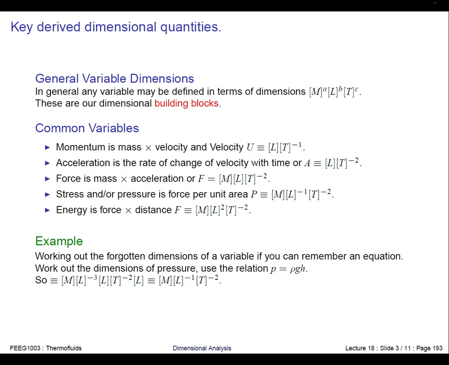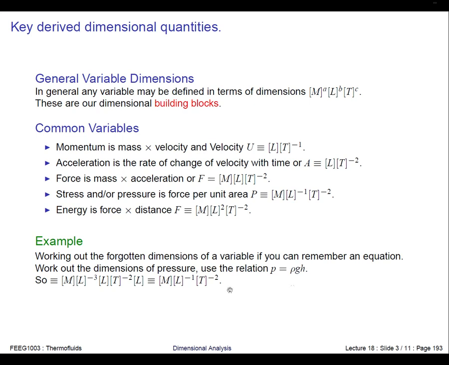So for instance, let's say we know that the gauge pressure is equal to rho gh. And let's say we can't remember what the dimensions for pressure are, but we can remember what these things are. So this equation is dimensionally consistent in the sense that a pressure is equal to another pressure, just in a different form.